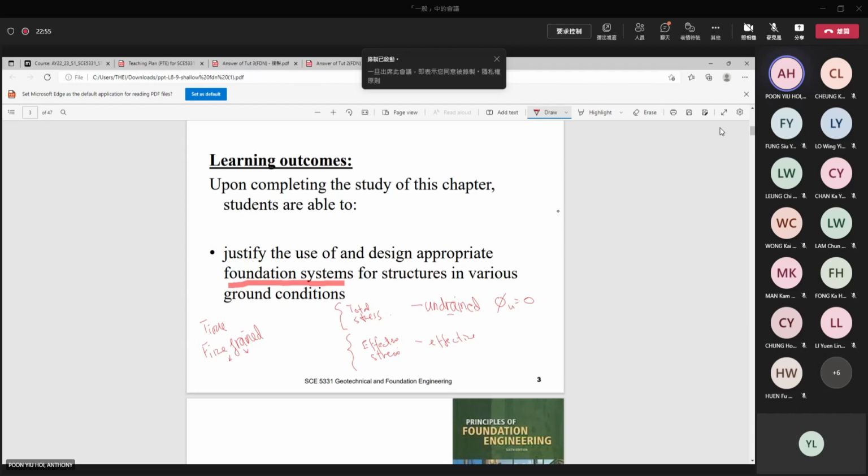In the short term, the pore water pressure will build up, so we use the total stress analysis and the undrained shear strength.